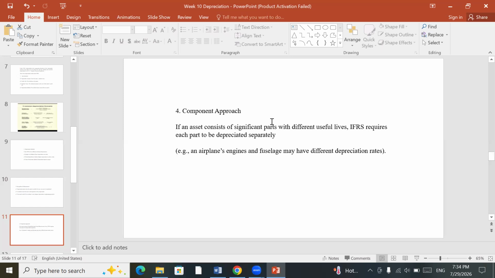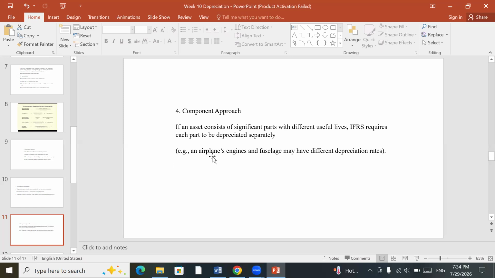The common approach under IFRS is clearly mentioned for depreciation. If an asset consists of significant parts with different useful lives, IFRS requires each part to be depreciated separately. Depreciation may be for a whole asset or a part of an asset.